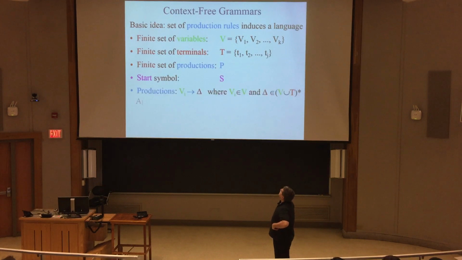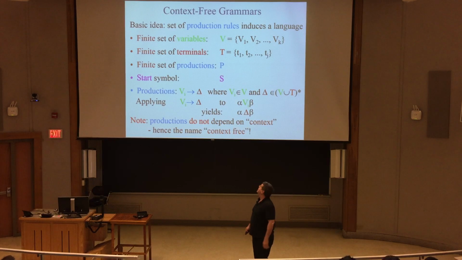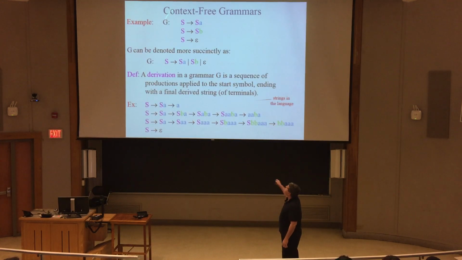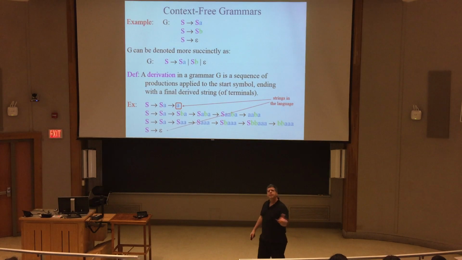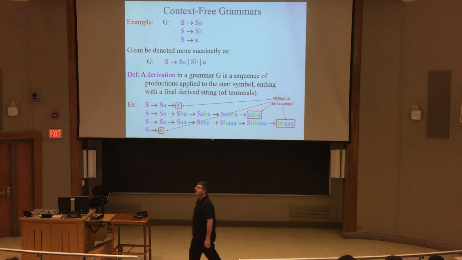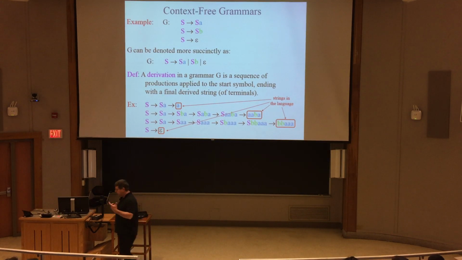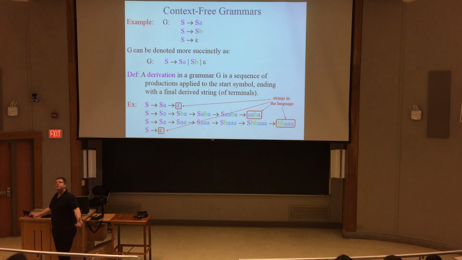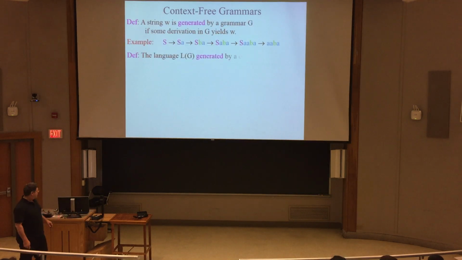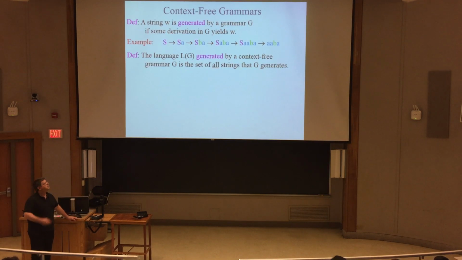We said that the grammar is a set of variables, a set of production rules, and a start symbol. Basically you can take the start symbol and create strings out of it that are made of terminal symbols only. All such strings that you can make beginning with the start symbol are the strings of your language. And the language is context-free if and only if there's a context-free grammar that generates it.